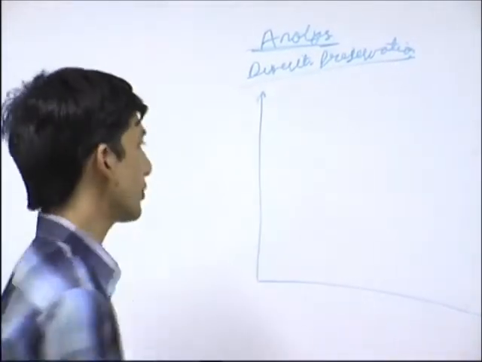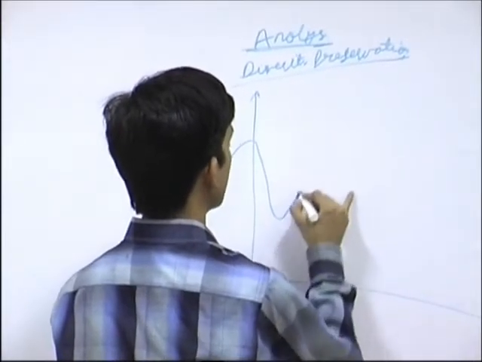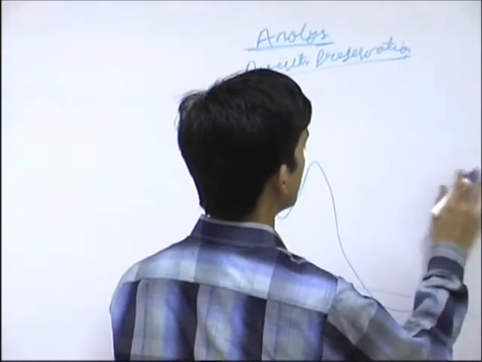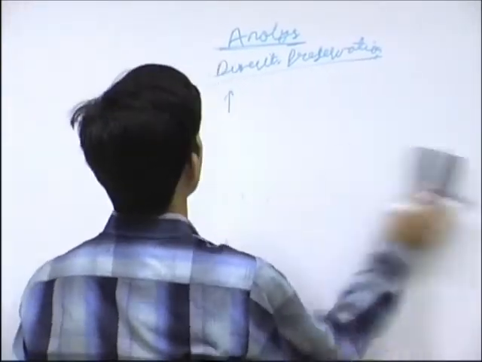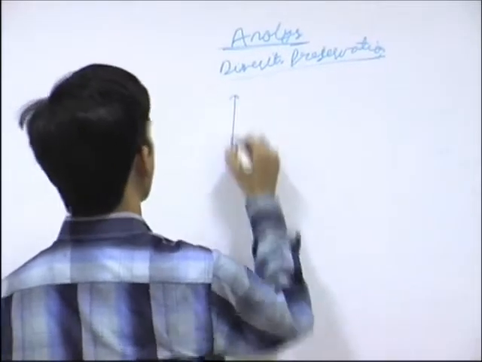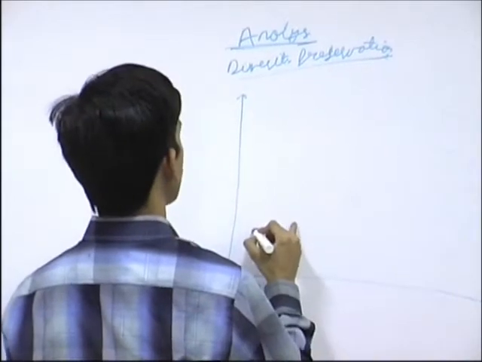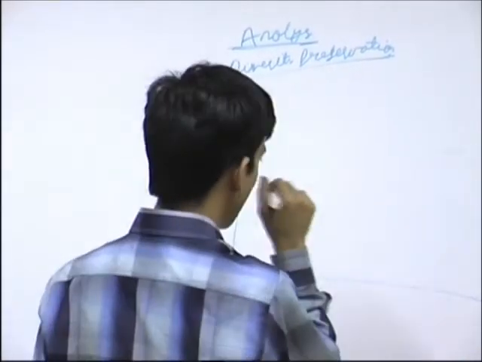So let me say there was a fitness landscape, so it must have a curve something like this, and I'm drawing a maxima. I'm drawing only two dimensions here for easy understanding.